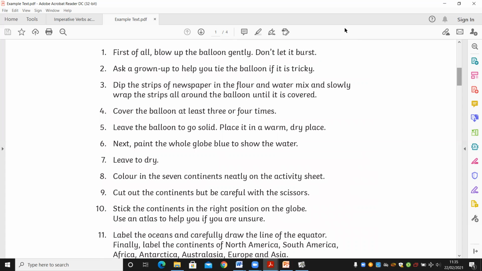That's right, very good. You would have found all of the verbs in this part of the instructions, all the steps that you had to follow. In fact, if we have a look at the very first step together, first of all, blow up the balloon gently, don't let it burst. How many different verbs did you manage to find in just that first step?